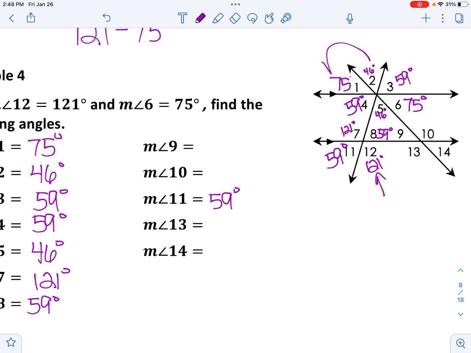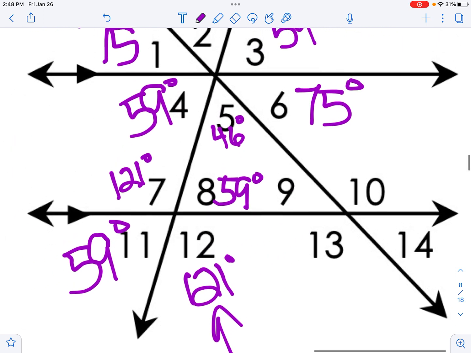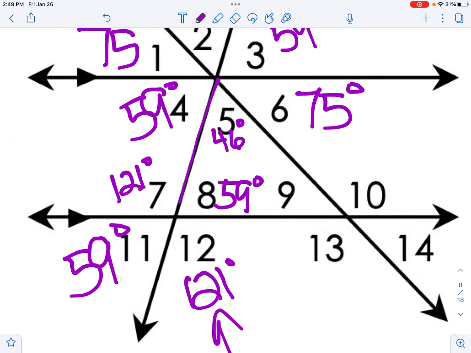All right, so then in here we have a triangle. Now, in the middle here, you can see this triangle. The 3 angles in a triangle, if you remember back in the day, they should always add up to 180. So 46 plus 59 gives me 105.